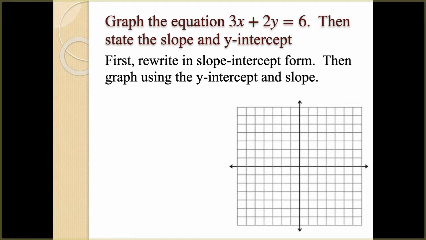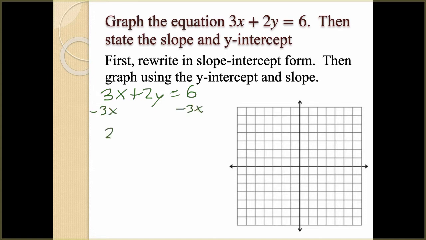So I'm going to rewrite my equation, 3x plus 2y equals 6. We need to rewrite this in the slope-intercept form, so we need to get the y by itself, which means we need to put the x onto the right side of the equation and then add it to the constant. So the first step I'm going to do is to subtract 3x from both sides.